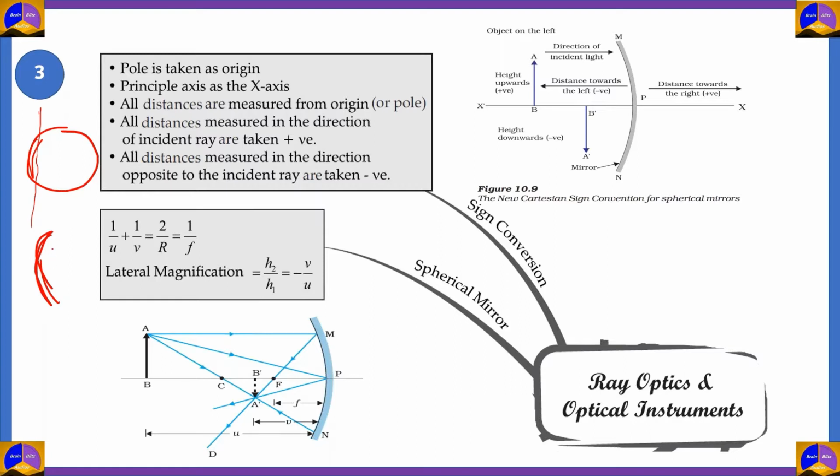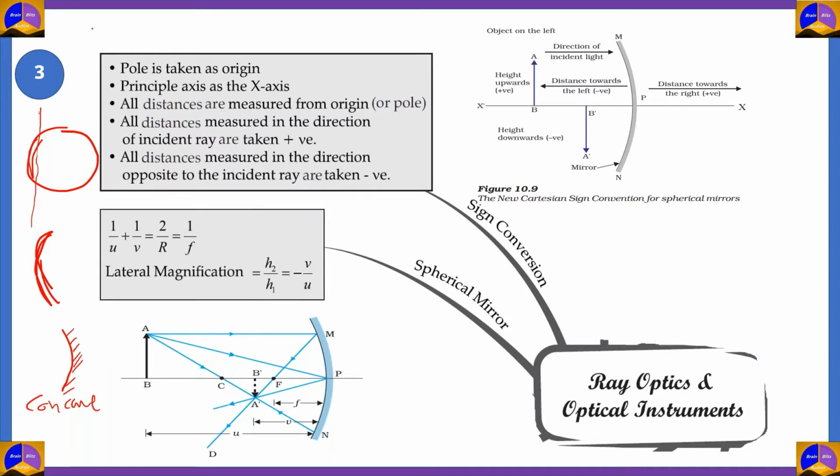Now, you can form two types of mirrors with a spherical surface. If the outer portion of the spherical surface is silvered, is coated with silver, then the inside acts like a mirror, and that mirror is called a concave mirror.